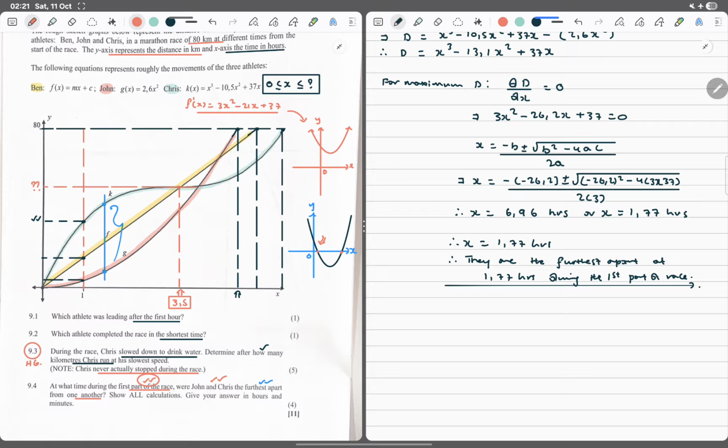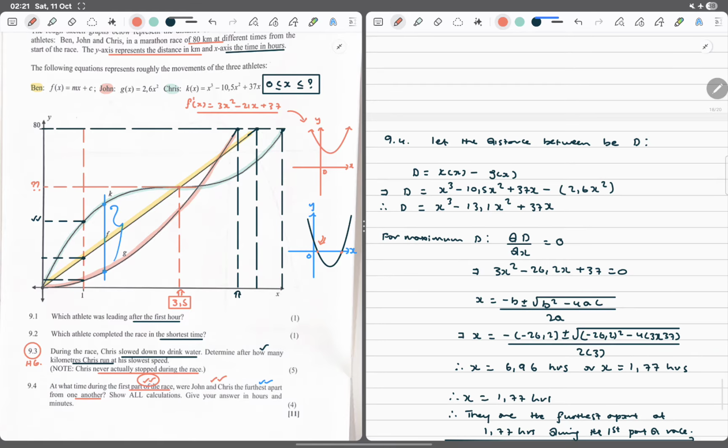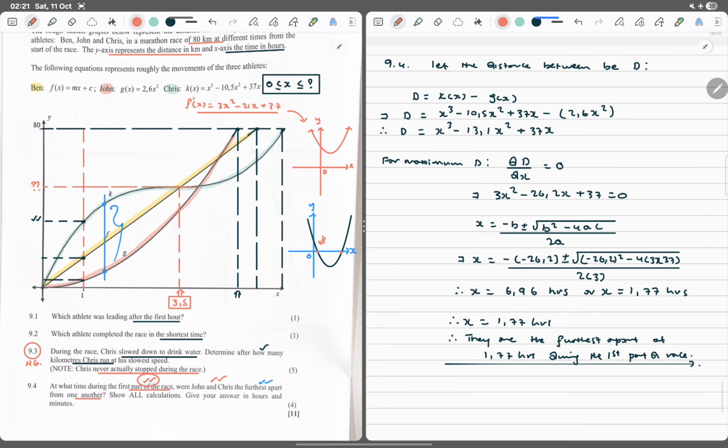Present the answer with confidence and enthusiasm. Yes, it's torture, but what can we do? We have to do it. So this is an optimization question. Of course, guys, I'm going to give you a video where I treat some of the very interesting optimization questions using different mathematical standpoints, so that you guys can be comfortable dealing with whatever comes.